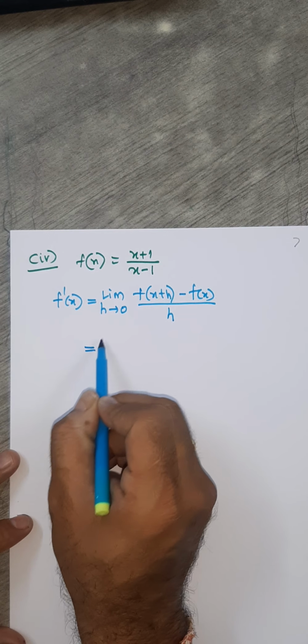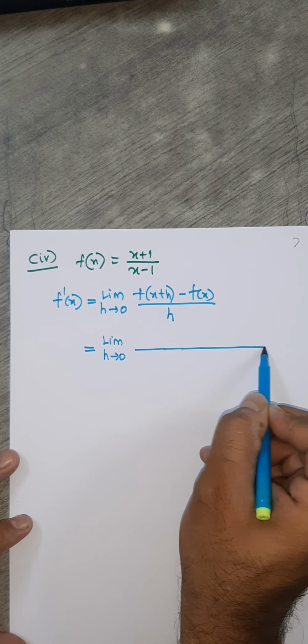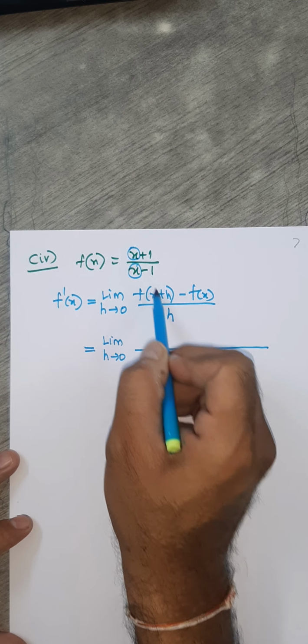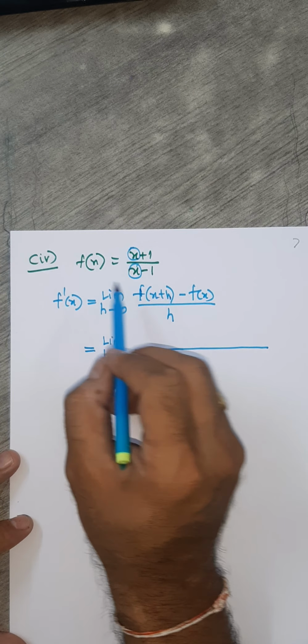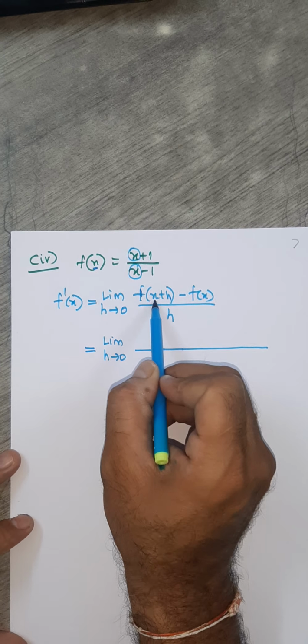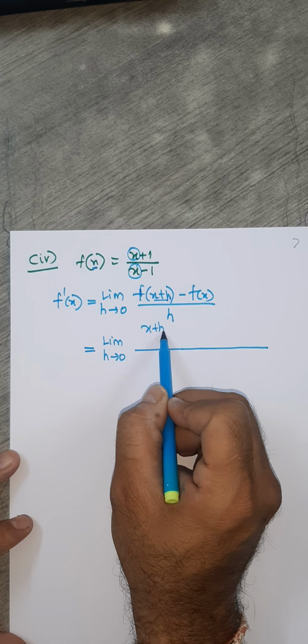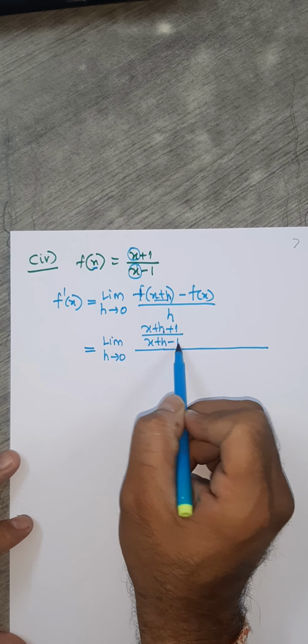Now, what's the meaning of this? In the above formula, instead of x, you write x plus h. That's the meaning of f of x plus h. Instead of x, you are going to write x plus h. So I have x plus h plus 1 upon x plus h minus 1.